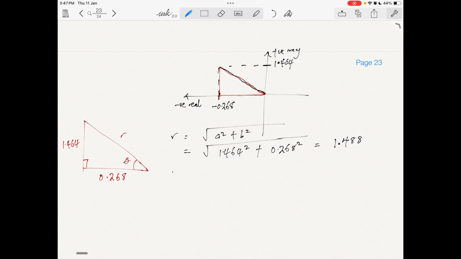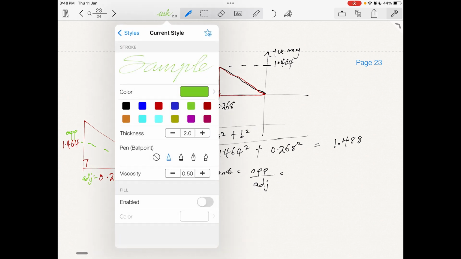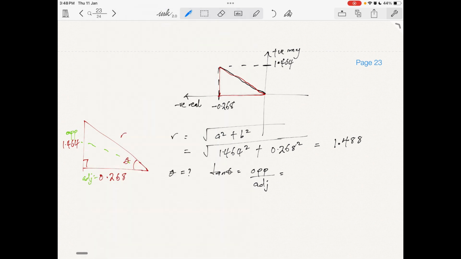And then we have to calculate our theta. Recall that tan theta is equal to opposite over adjacent. The side facing the angle theta is called the opposite, and the other side is called the adjacent. So our opposite is 1.464 and our adjacent is 0.268.